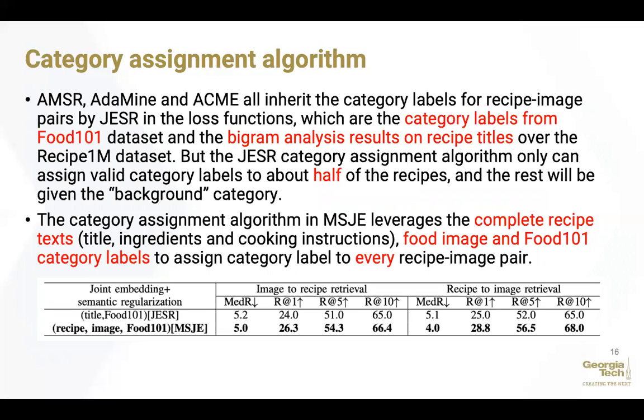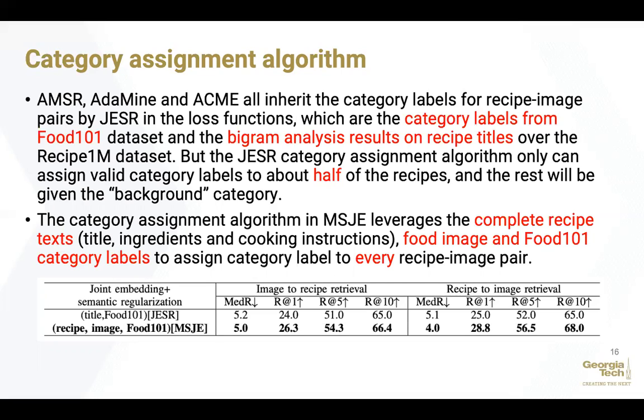However, the food category labels used in the JESR approach are not so good, which are obtained from the category labels in the Food-101 dataset and the background analysis results on recipe titles over the Recipe1M dataset. Only about half of the recipe image pairs can get valid category labels due to the lack of title matching to a real category label, while the rest will be given a background category.